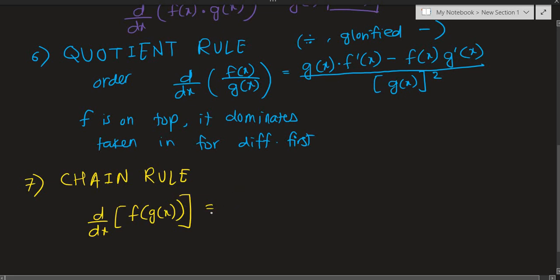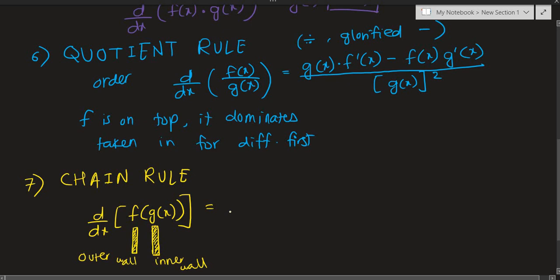So the way I like to think about a composition of functions is, well, the outside function f can be thought of as an outer wall, and this g of x can be thought of as an inner wall.